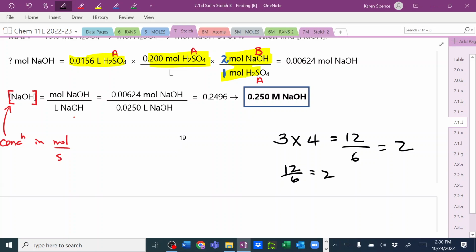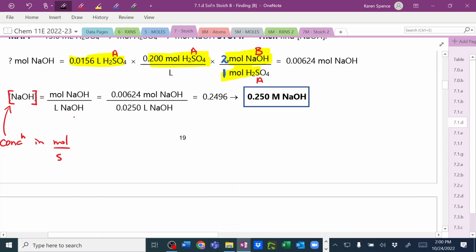Now, there is another way to do it. If you don't want to do it on a separate line, instead of finding moles of NaOH, I could say I want to go directly to concentration of NaOH.